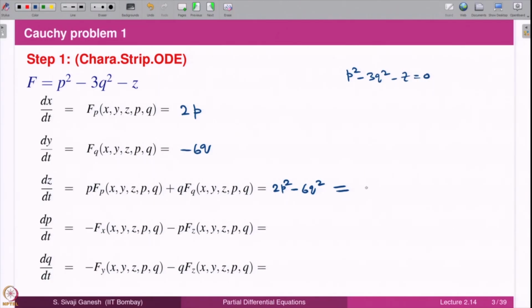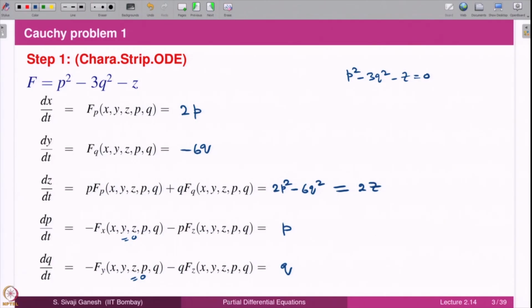So, this equals 2z. The equation does not depend on x, therefore, the derivative Fx is 0. Similarly, Fy is 0, F does not depend on x and y. So, what we have to compute is Fz, which is minus 1; minus 1 into minus p is plus p, similarly minus 1 into minus q is q. So, this is the system of equations for characteristic strips.